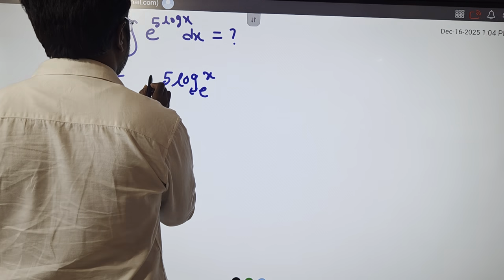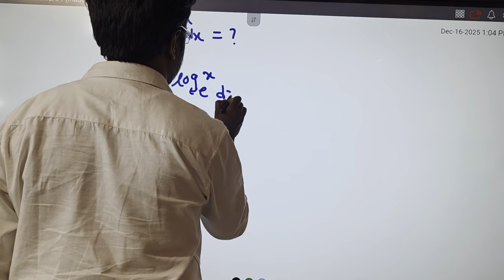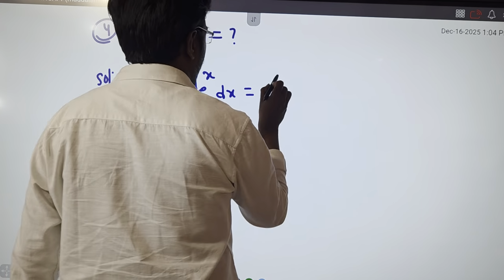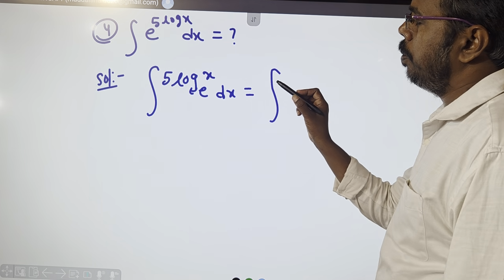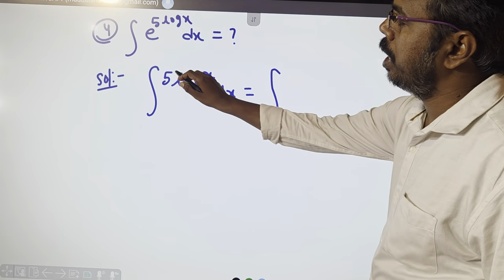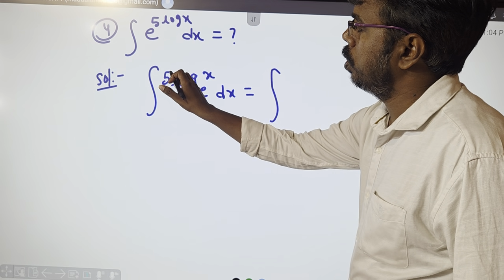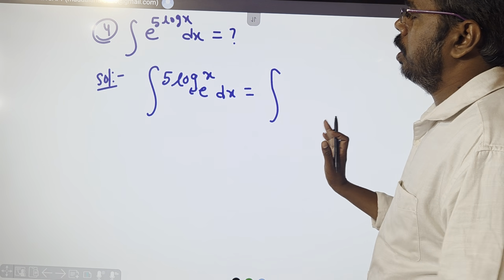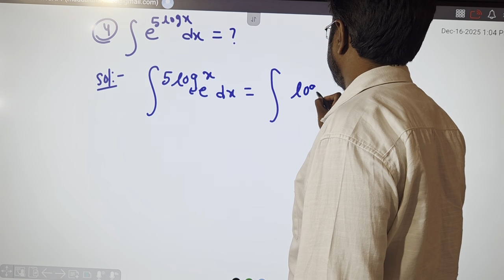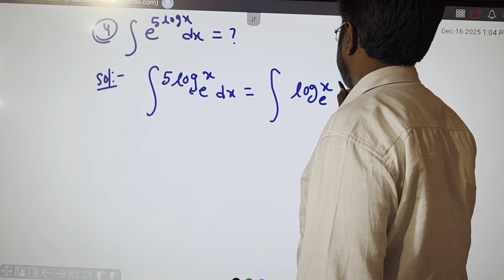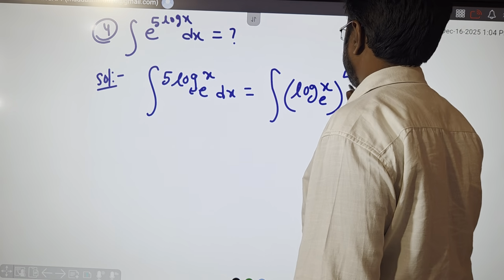Integral e power 5 log x dx: I can write the coefficient 5 in the power, so e power, log x to the base e, whole power 5.